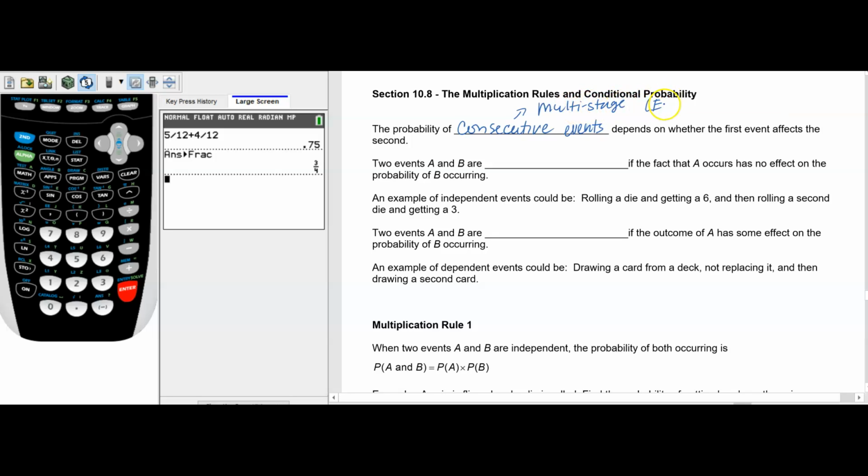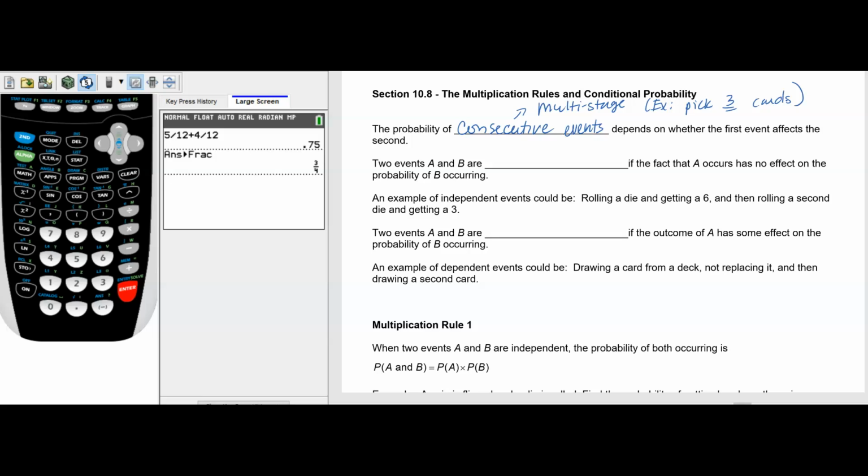For example, if you pick 3 cards out of a deck. So far we've only picked 1 card out of a deck and you're asked, is it a queen or a 4, for example. Now we're going to look at experiments that ask you questions like, you picked 3 cards in a row. What's the probability that you get a queen and a 7 and another 7 in a row?